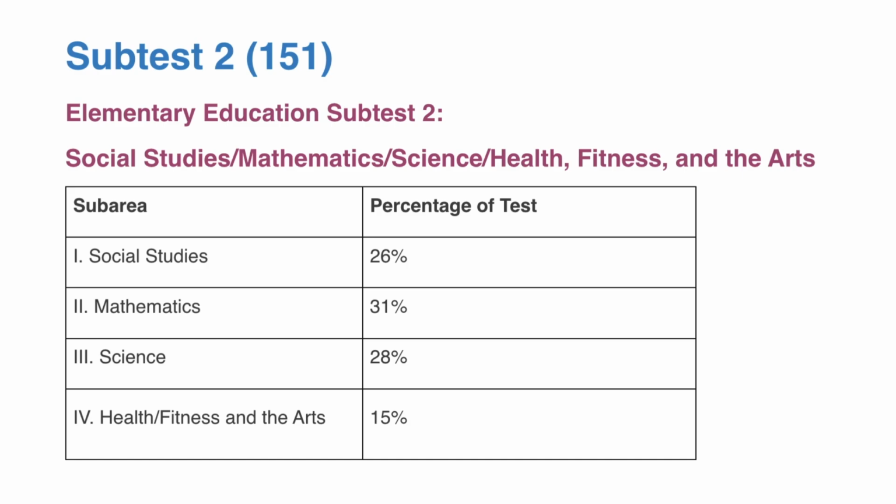Subtest 2 is all about demonstrating your understanding of social studies, math, science, and health, fitness, and the arts. The largest and most impactful sub-area of subtest number 2 is mathematics, which accounts for 31% of your final grade.